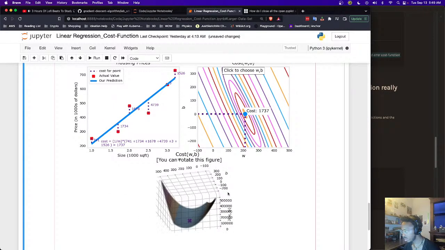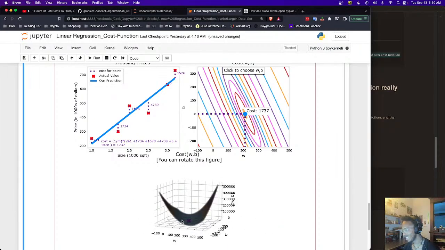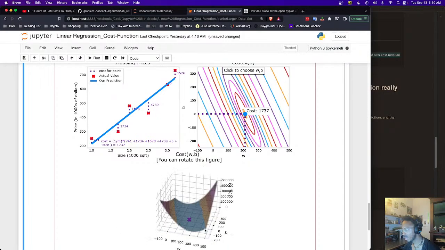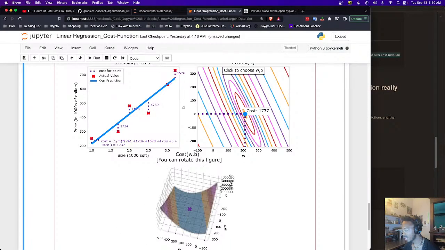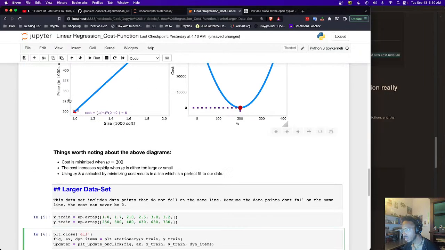Oh, I can rotate this. Well, look at that. That's pretty cool. That makes it a lot easier to see. I'm trying to figure out the updater equals.